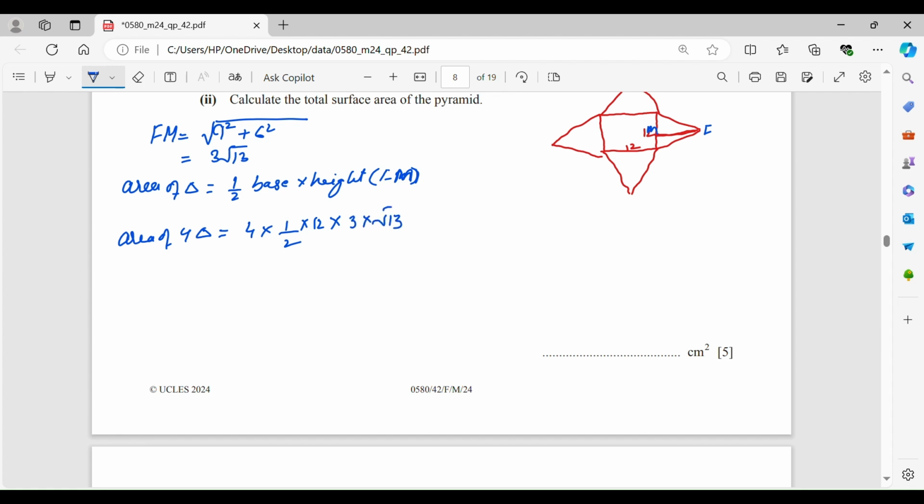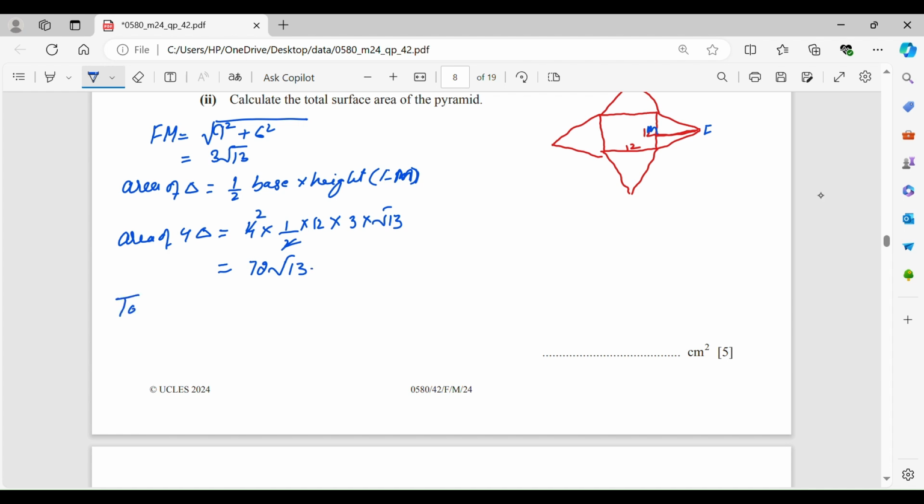We can cut this, and we will use the calculator for this. By calculator it will be equal to 24 into 3, 72 root 13. Now we will find the total surface area.